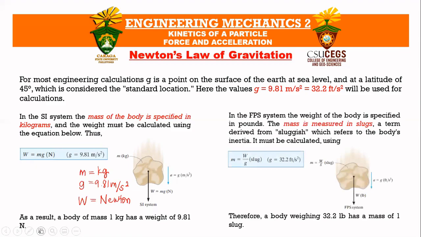Consequently, in the FPS or English system, the weight of the body is specified in pounds. The mass is measured in slugs, a term derived from sluggish, which refers to the body's inertia. It must be calculated using the following, where the mass is in slugs and the gravity is 32.2 feet per second squared. If we multiply the two, the weight would be in pounds.